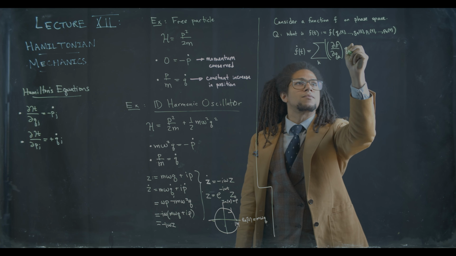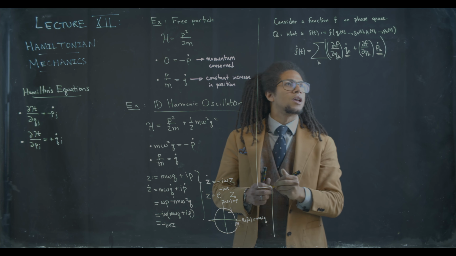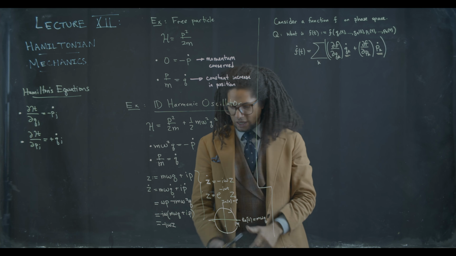But now, what I'll do is I'll use Hamilton's equations to plug in for those two values. So again, for qk, I'll plug in this positive derivative of h, and for pk, I'll plug in this negative derivative of h.